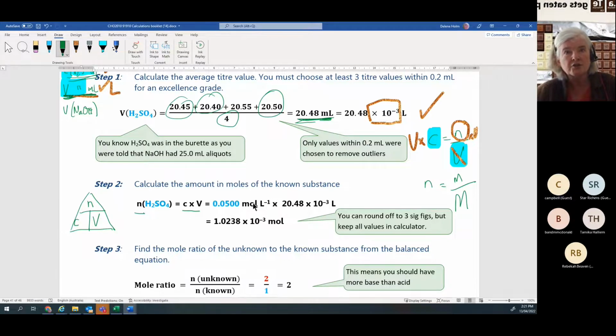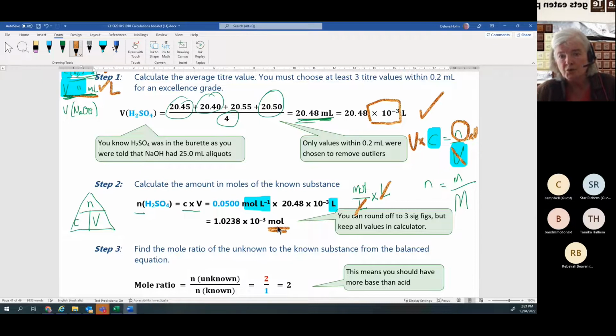So if you look at my units over here, mole per liter multiplied by a liter. So I'm saying mole over liter, because that's what mole per liter means, times liter. Hopefully you can see liter cancels out with liter, giving me an answer of mole.